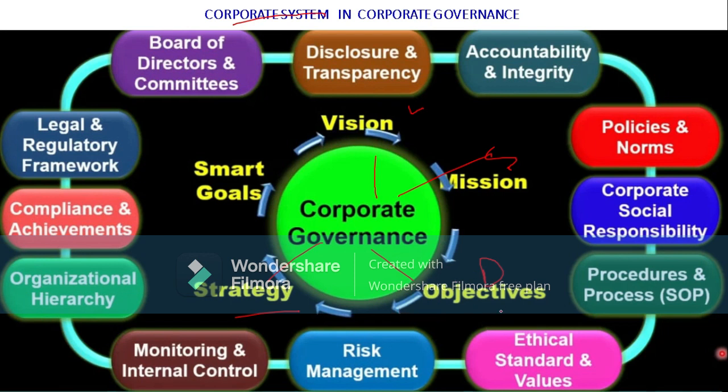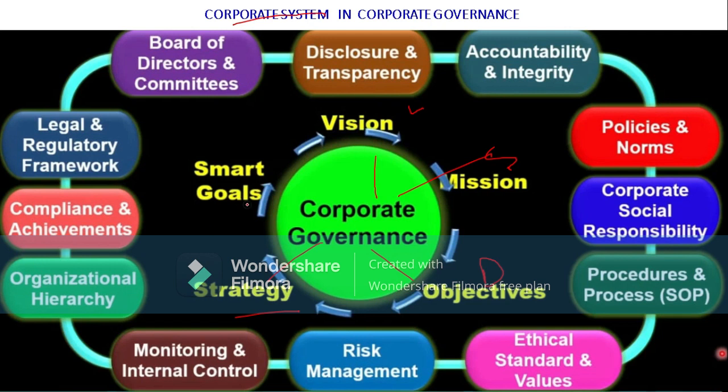So in order to increase those sales, there will be a strategy. After achieving that, we end that particular strategy. So strategy means achieving objectives, formulated for a short period of time.